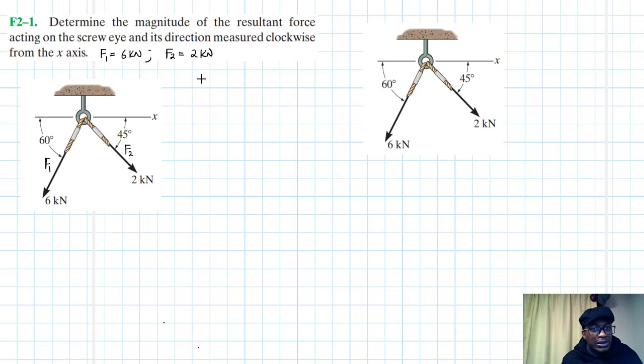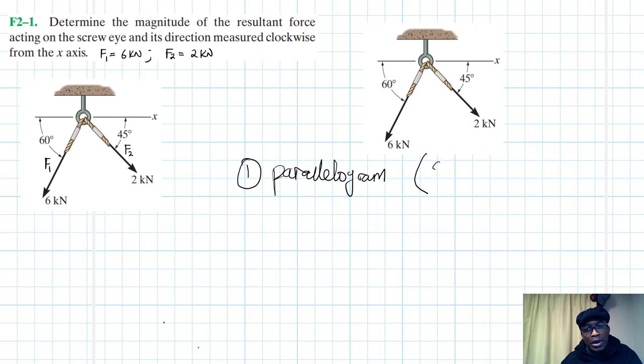so how do we find the resultant and the direction of these two force vectors? We are going to employ two methods. One method is the parallelogram method, where we are going to employ the cosine and the sine laws.